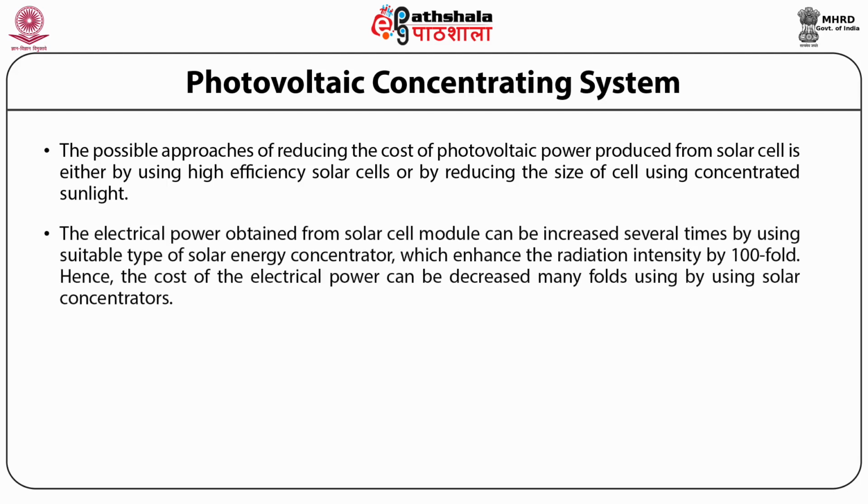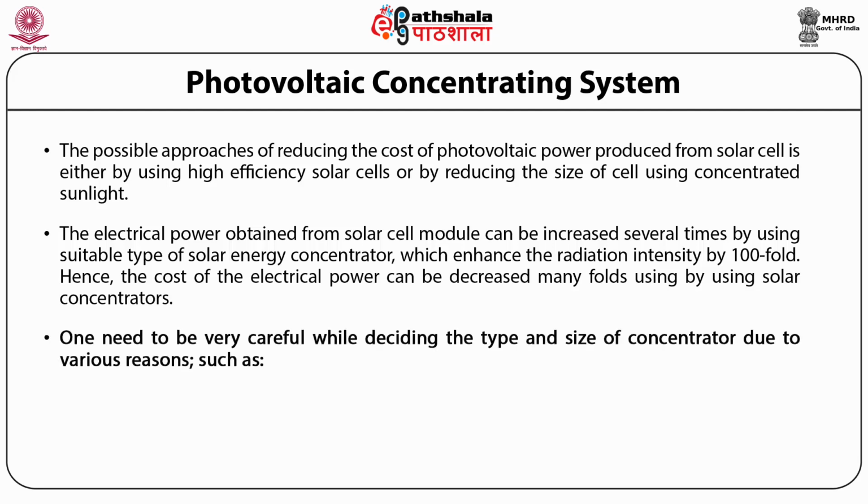So the electrical power obtained from the solar cell module can be increased several times by using a suitable type of solar energy concentrator. This will enhance the radiation intensity by about 100-fold. Hence, the cost of the electrical power can be decreased many folds by using solar concentrators.